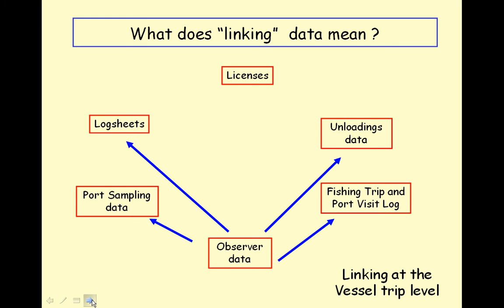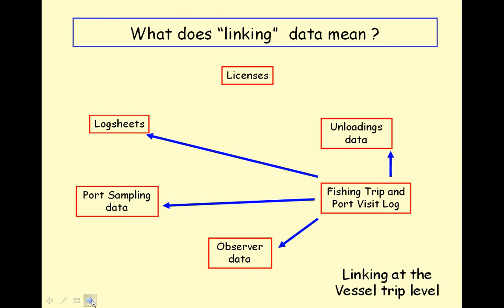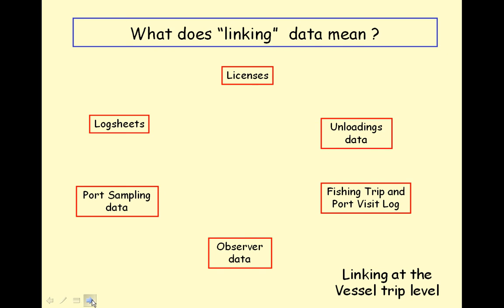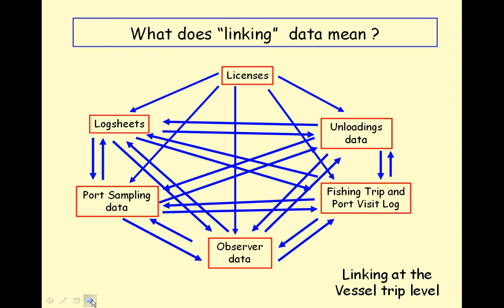The same applies to observer data, fishing trip and port visit log data, and unloadings data. The overall links that are made between each database make for a very complex diagram, although these links can be made in a very straightforward manner in TUFMAN, and this complexity is very much transparent to the user.